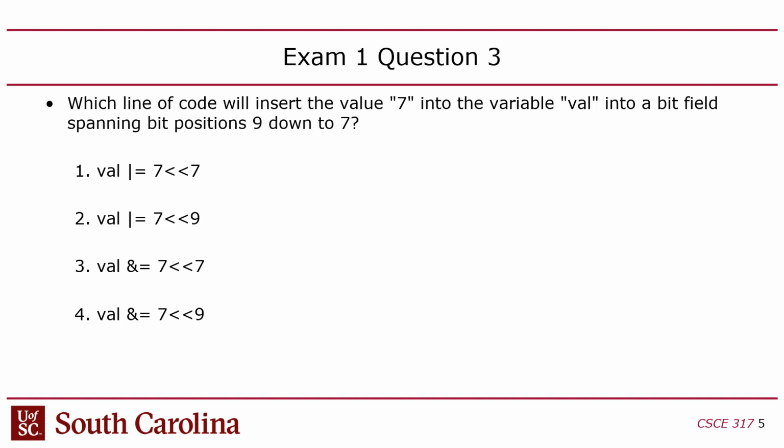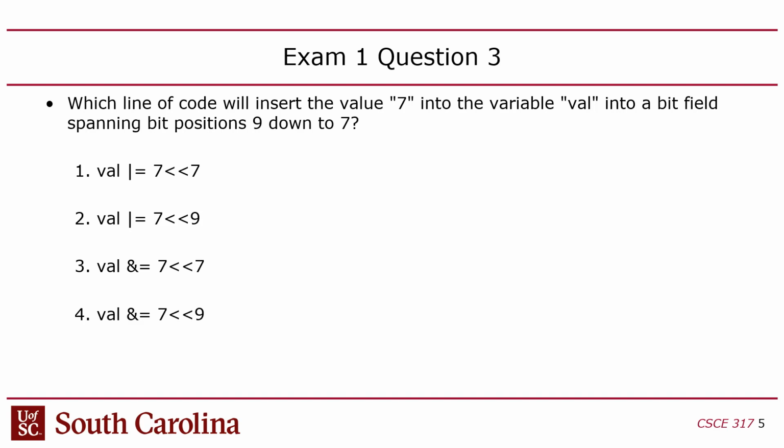The first of those was question 3, which asked: which line of code will insert the value 7 from the variable val into a bit field spanning bit positions 9 down to 7. Obviously, this is a bit manipulation question, and I was surprised that this one had such a low overall score.